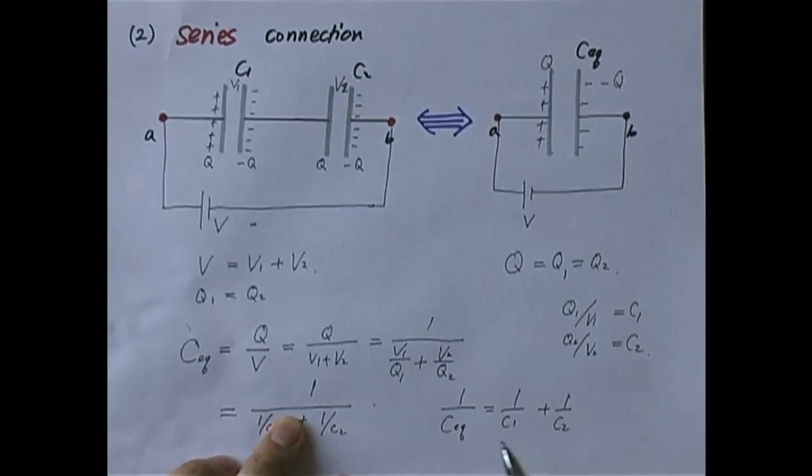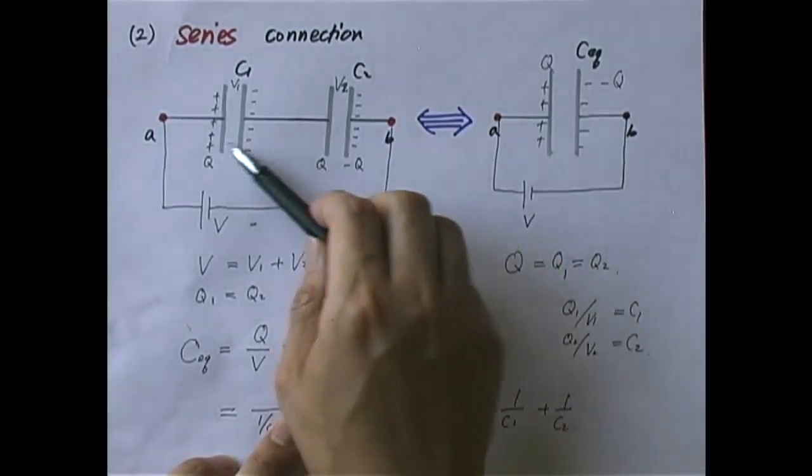Why? Because the reciprocal of C equivalent is greater than this reciprocal and that reciprocal, because it's the sum of the two. And therefore C equivalent itself is less than the smaller of C1 and C2. You are getting the smallest capacitance out of these, even smaller than the smaller of the two.